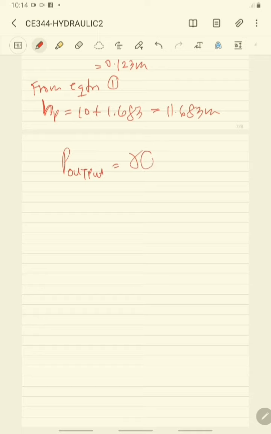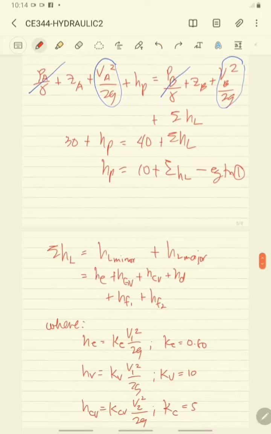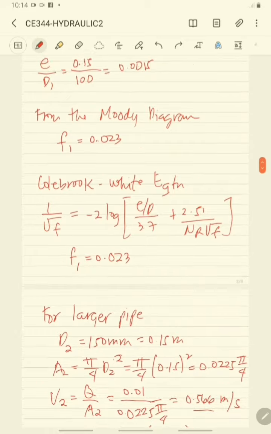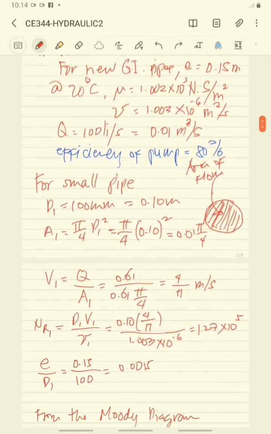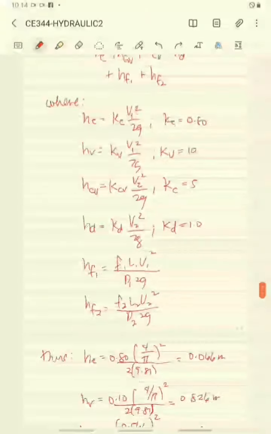So we have Q times HP, that is the flow energy, and that is 9.81 times, we have to convert, 9,810, that will be in Newton per cubic meter, times 0.01. We'll check, the Q is 0.01 cubic meter per second.